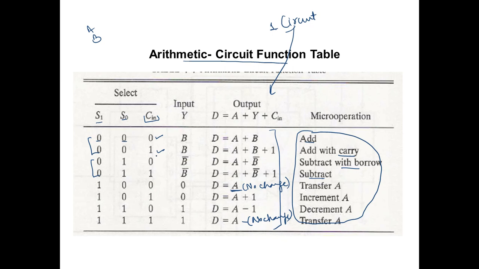Similarly, for this 0 and 1, this C in can be either 0 or 1. Same is for the next, for 1, 0, the C in can be 0 or 1 as well. Similarly for this 1, 1, the C in can be 0 or 1. So what actually I want to do here is I will provide some sort of input.